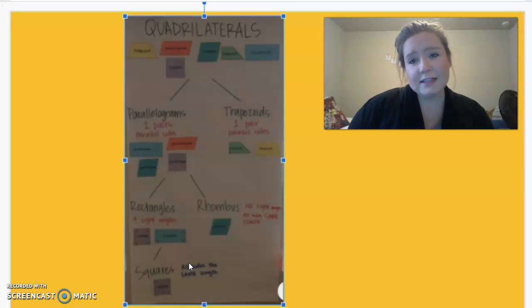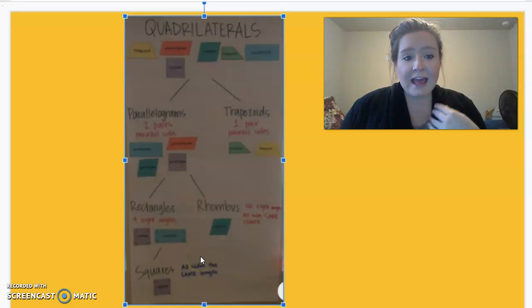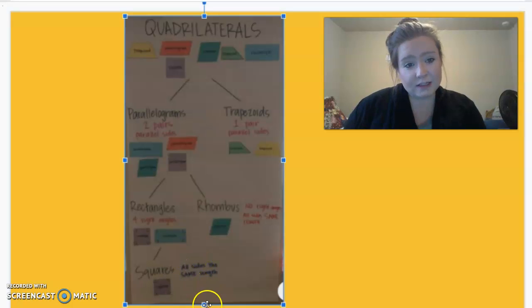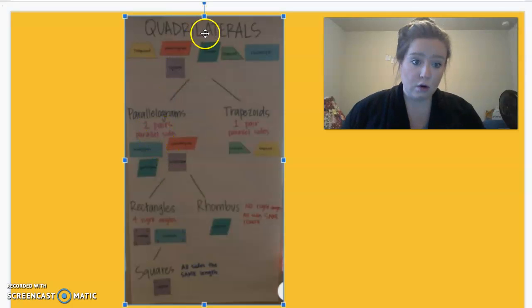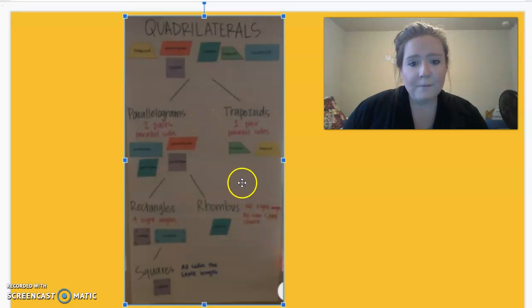A square is a rectangle, but when you think of a rectangle, what you traditionally think of is the top and the bottom being one length and the sides being a different length. But a square is a rectangle, okay? It's under the rectangle and it's under a parallelogram and it's under a quadrilateral. I know that can be really, really confusing. So I want you guys to be referring back to this diagram as much as you need to, okay?